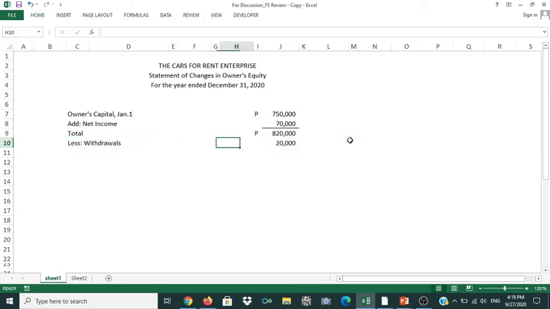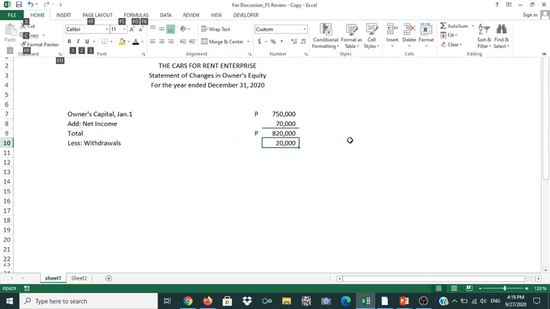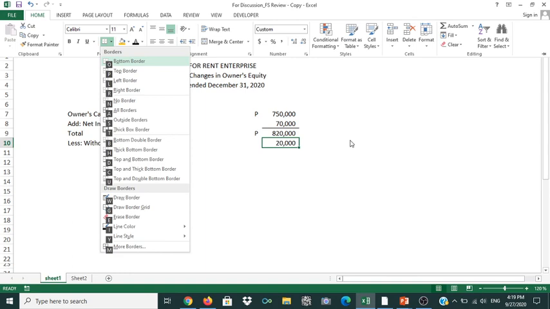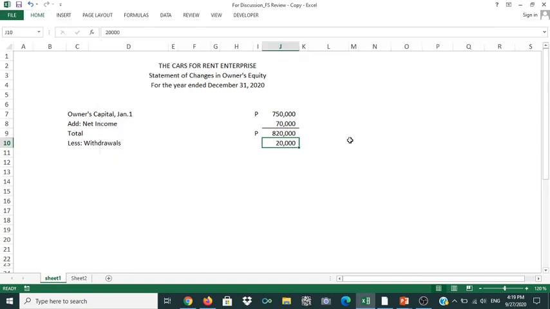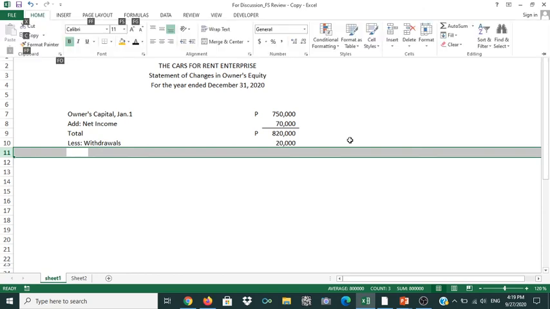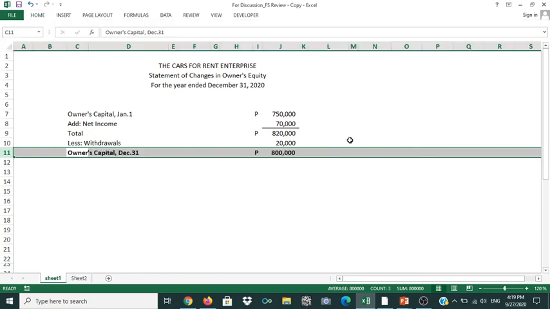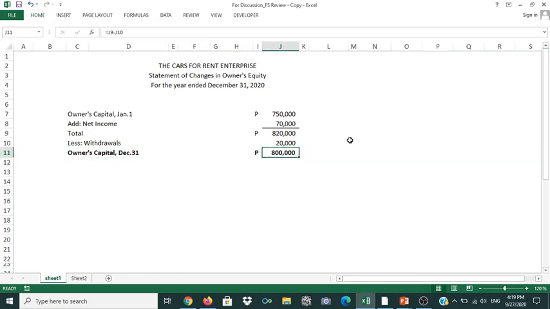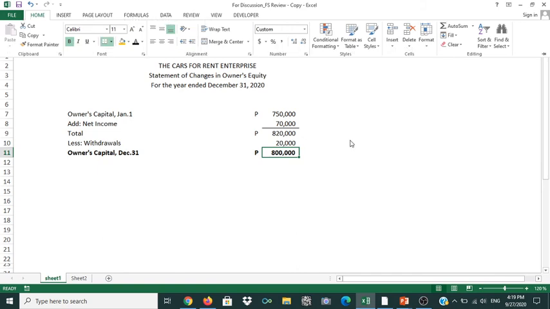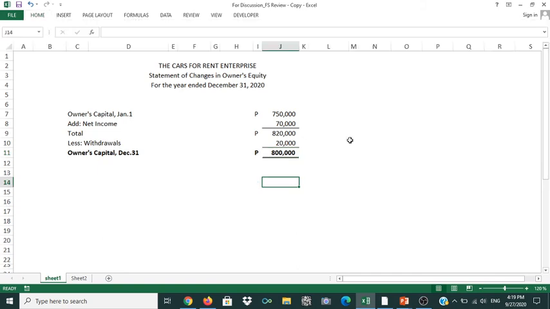And that is 20,000. To get the ending capital balance, draw a horizontal line or rule it. Then you have ending capital balance of 800,000. Double rule it to signify that it is the final balance. Okay? 800,000. That's how you prepare the statement of changes in owner's equity of that problem.